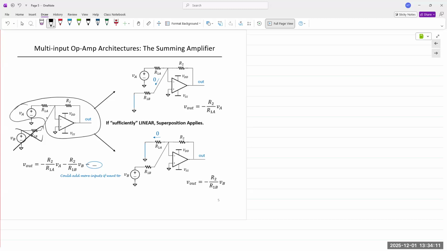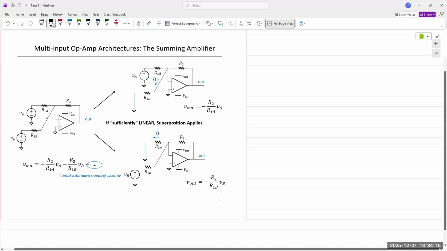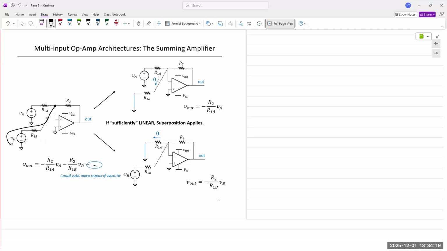We're not doing anything else. Then the only other thing we're doing is taking input B and connecting it to that inverting terminal. And that's it, and we have a summing amplifier. The beauty of this is you're just physically taking two inputs, joining them together, and the output is a sum of those input terminals.